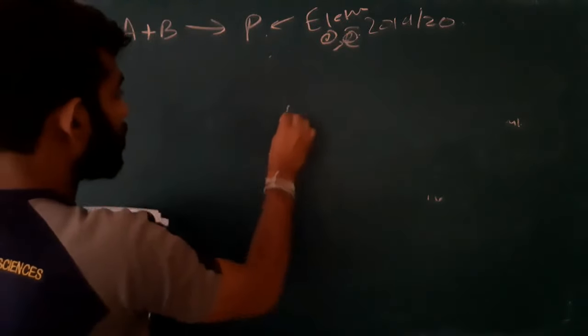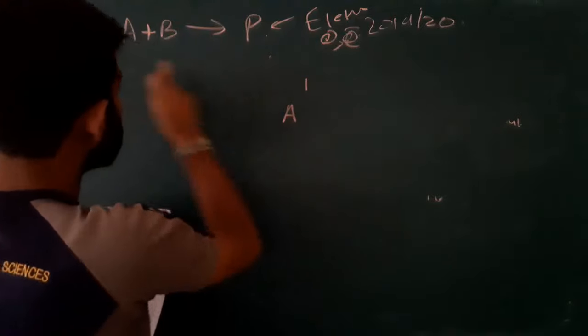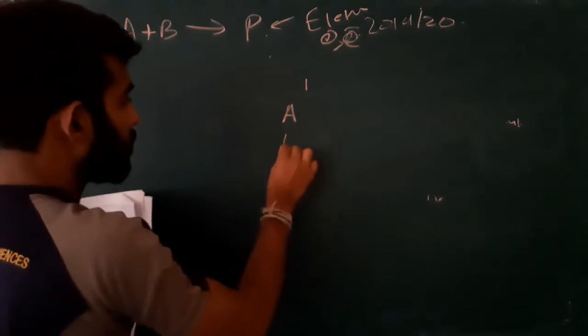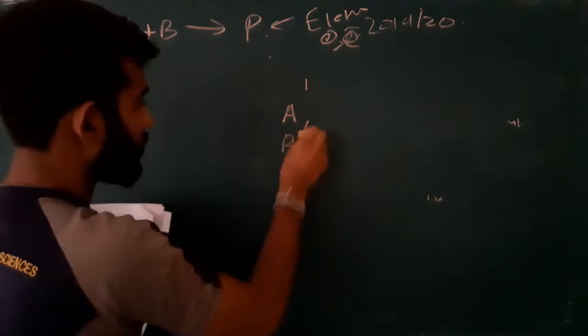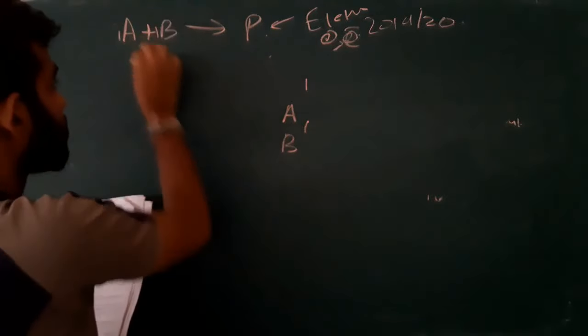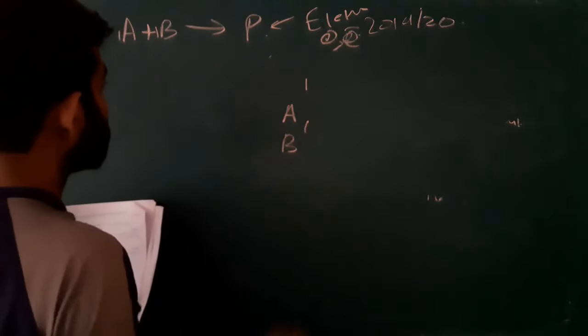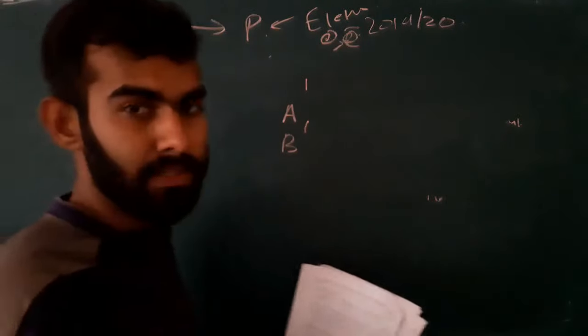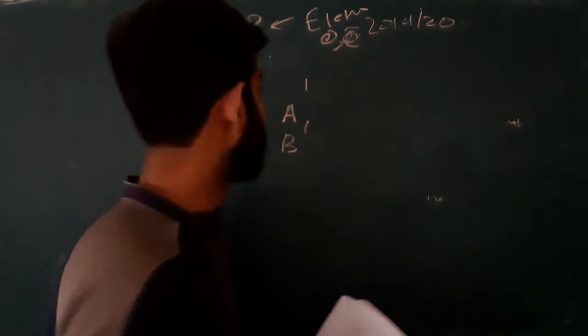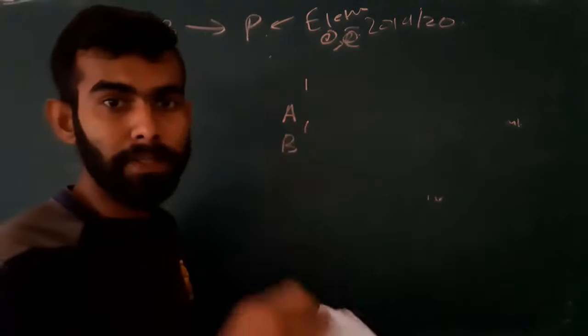So the order of A will be 1 according to this reaction, and the order of B will be 1 because the stoichiometry is 1. In elementary reactions, the stoichiometry of a particular reactant is equal to the order of that reactant.